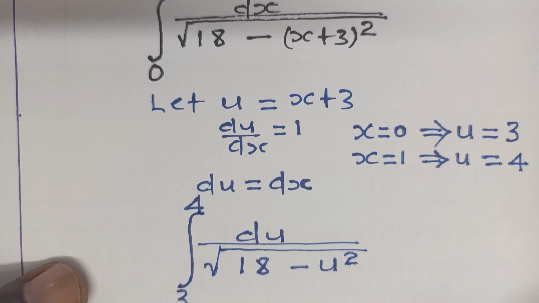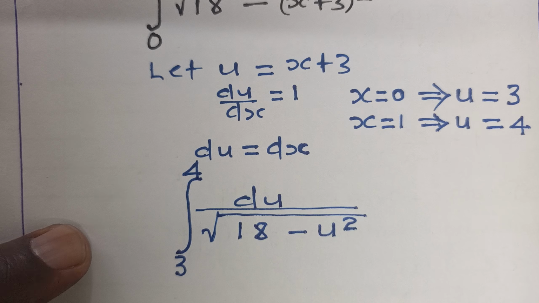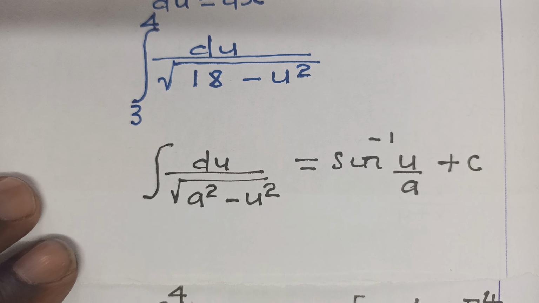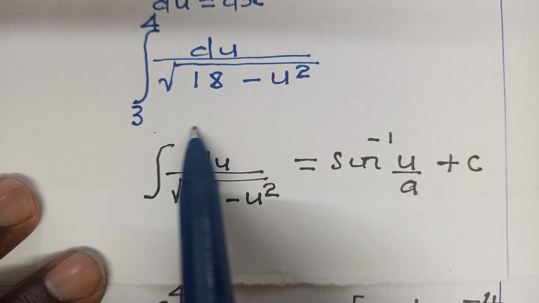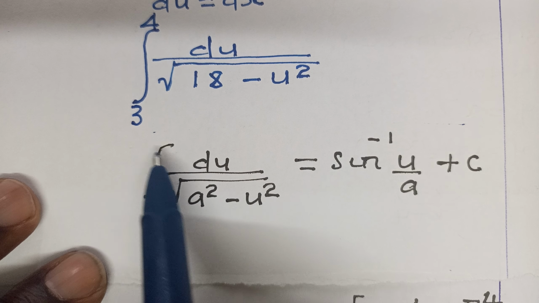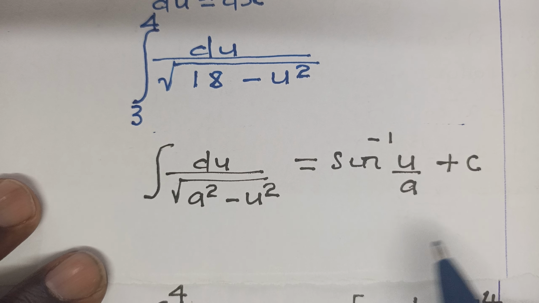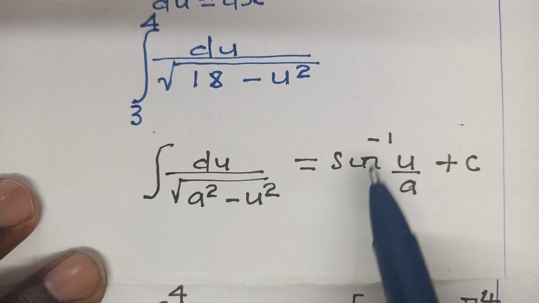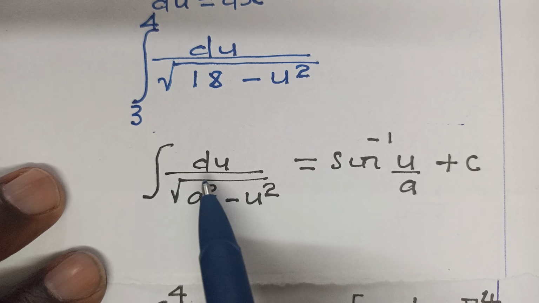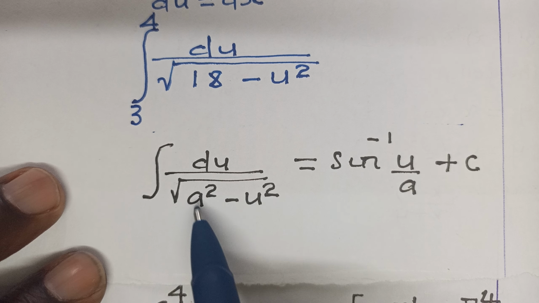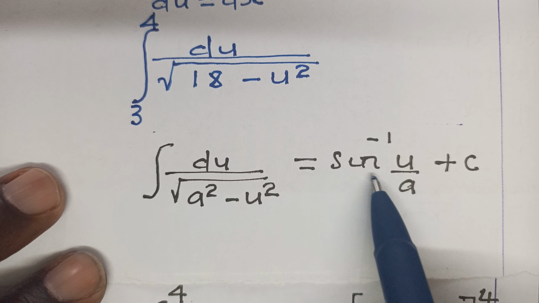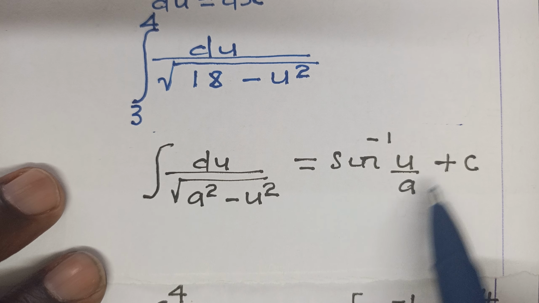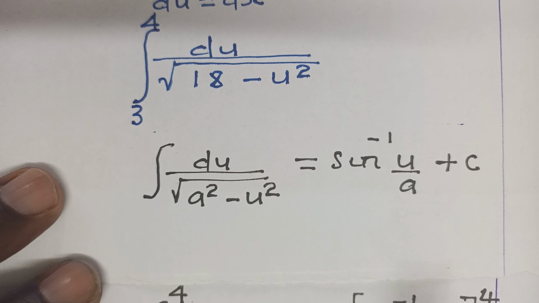So guys, this is what we have now. From there, as you can see, we have this equation from the tables, which represents the integral of du over the square root of a squared minus u squared. This comes to sine inverse of u over a plus a constant.